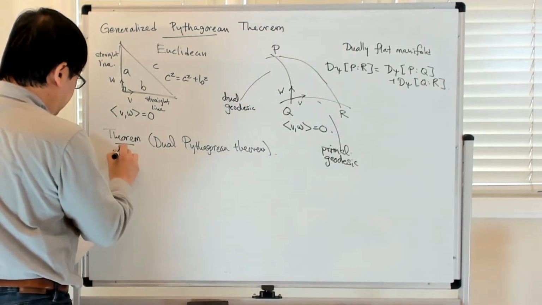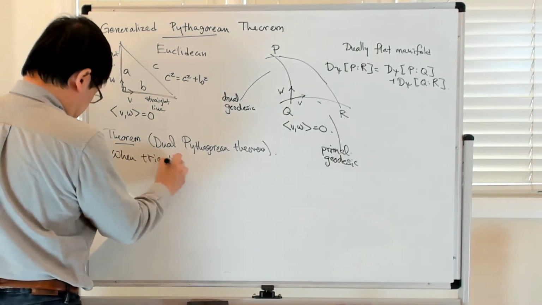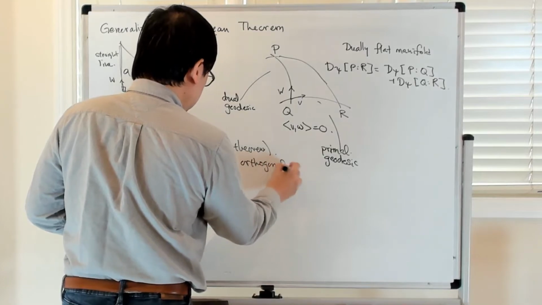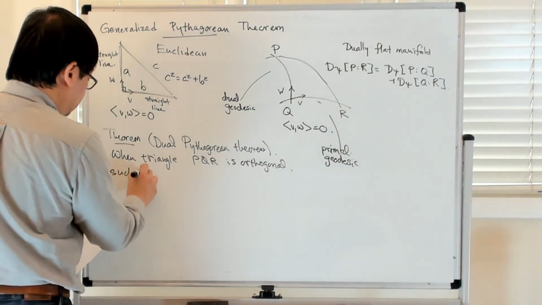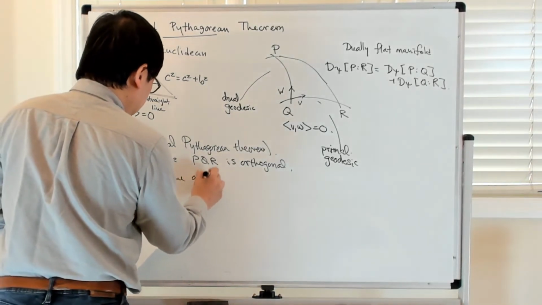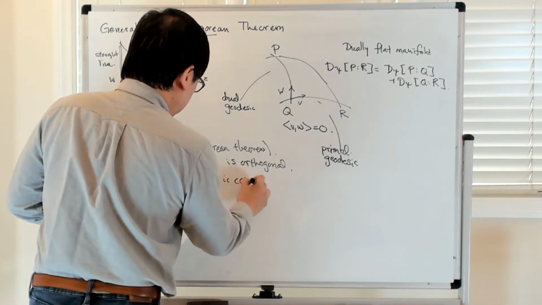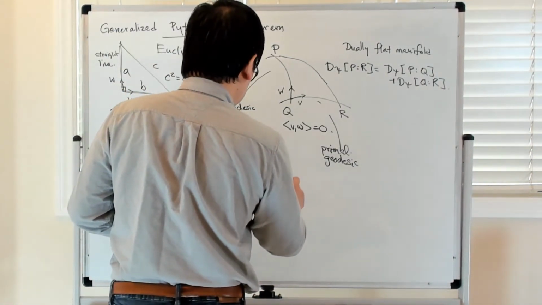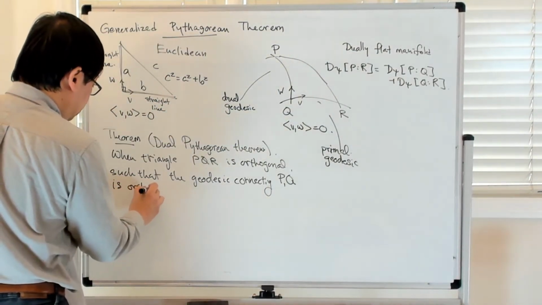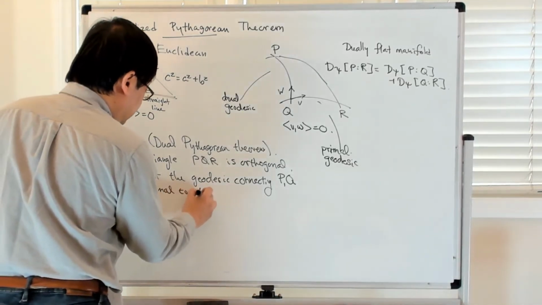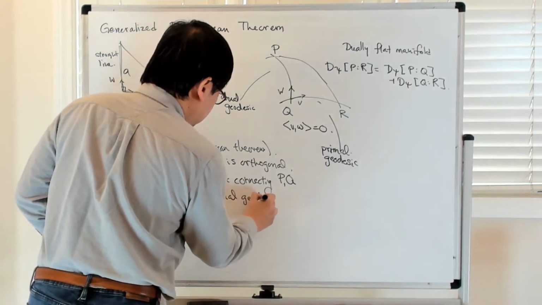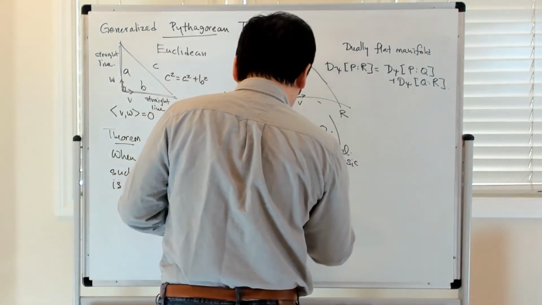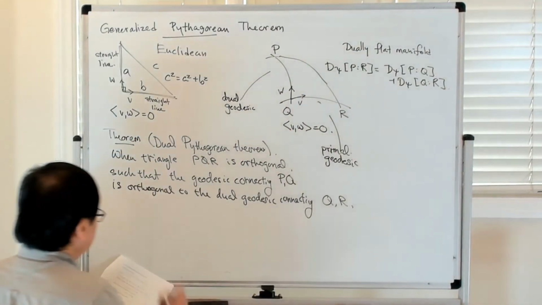Okay, so when triangle PQR is orthogonal, such that the geodesic connecting P and Q is orthogonal to the dual geodesic connecting Q and R, the dual of the generalized Pythagorean theorem holds.